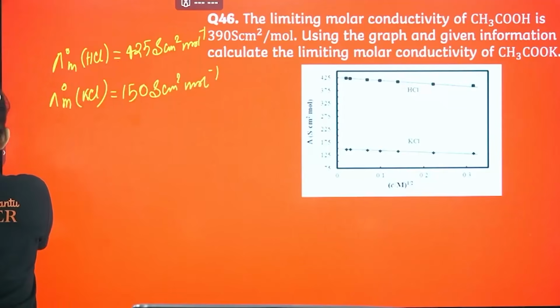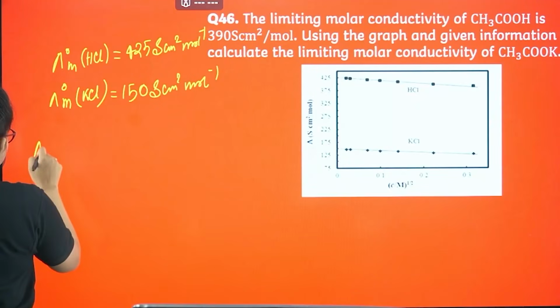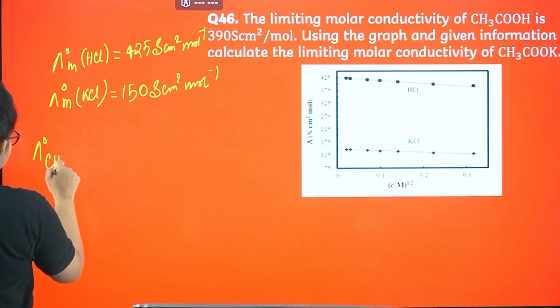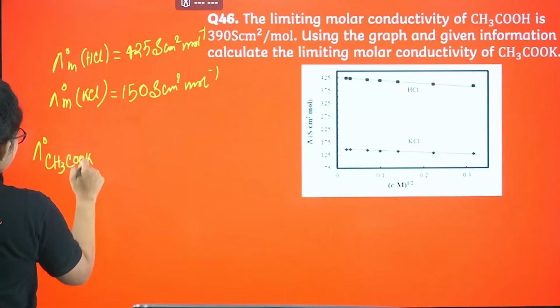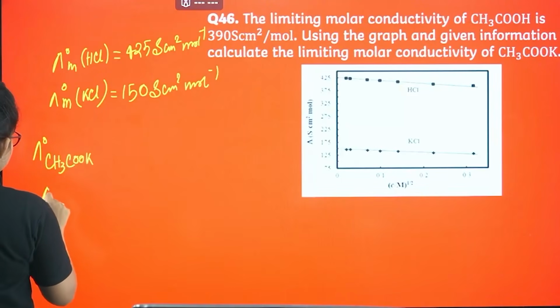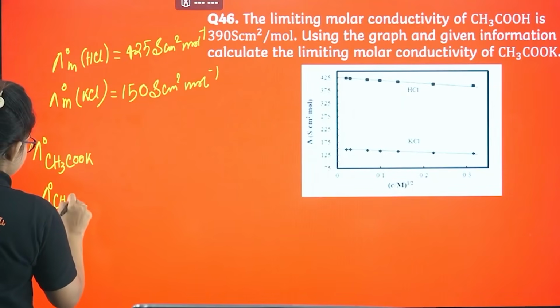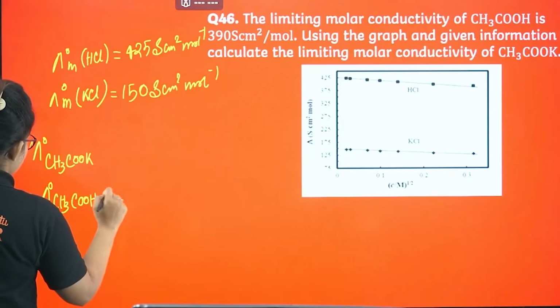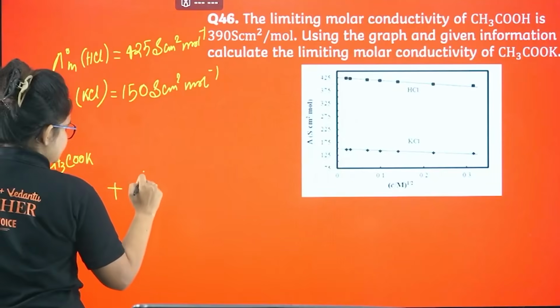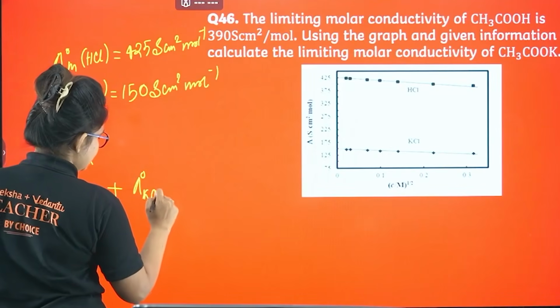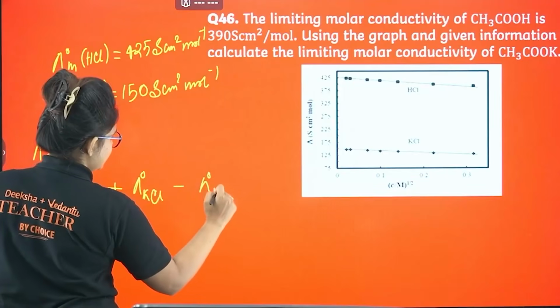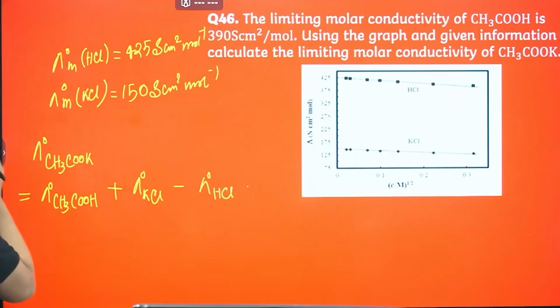So now what I can do, if I just break down, lambda 0 of CH3COOK can be written as lambda 0 of CH3COOH plus lambda 0 of KCl minus lambda 0 of HCl, right?